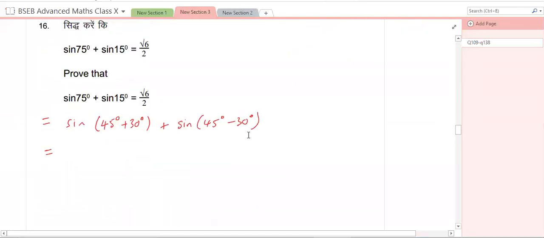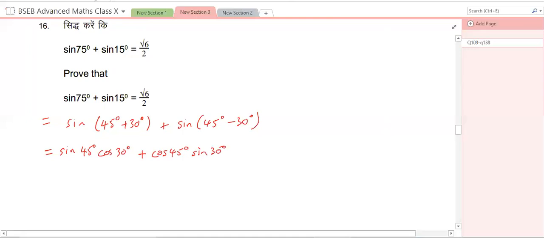So sine 45, expansion for sine 45 plus 30 degrees: sine 45 cos 30 plus cos 45 sine 30.